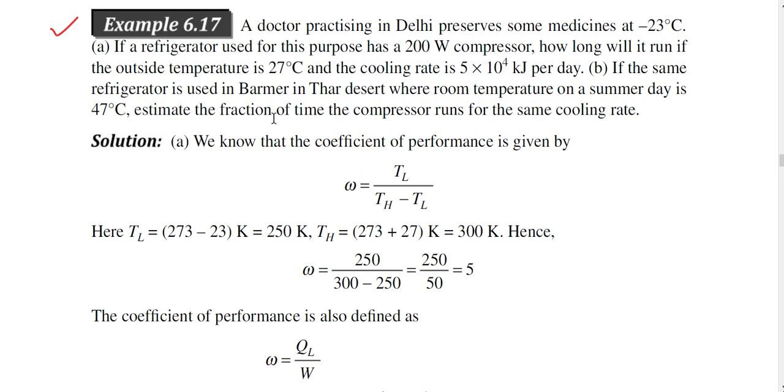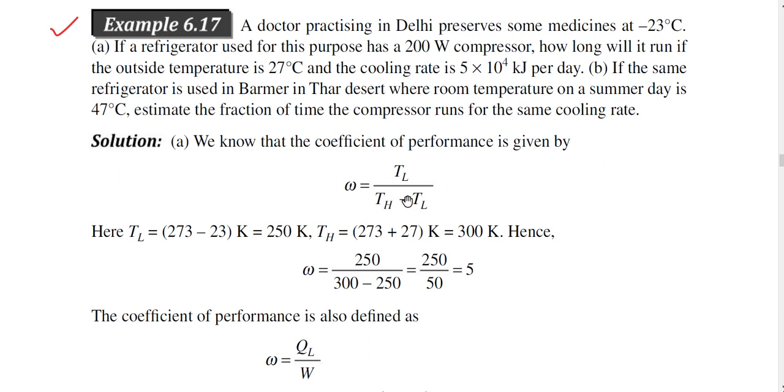Now, in the text we have read that the coefficient of performance is given by the equation omega equals TL by TH minus TL. TL means the temperature of the cold reservoir, that is, the temperature inside the refrigerator. L means low temperature, and TH means high temperature, which is the temperature outside.